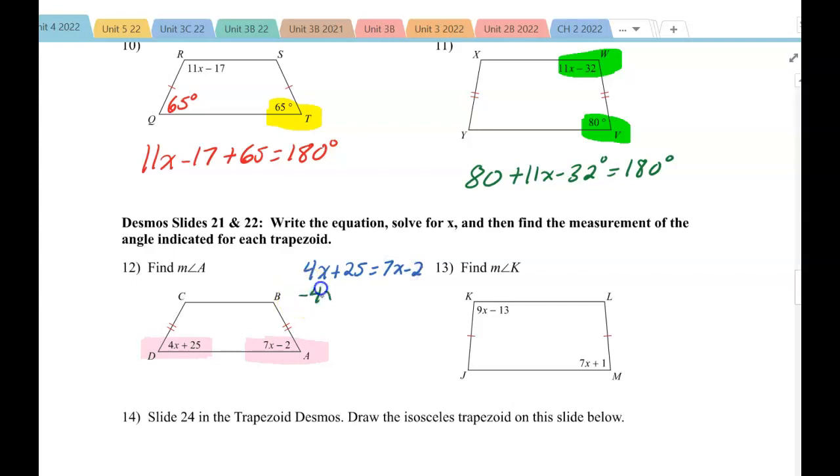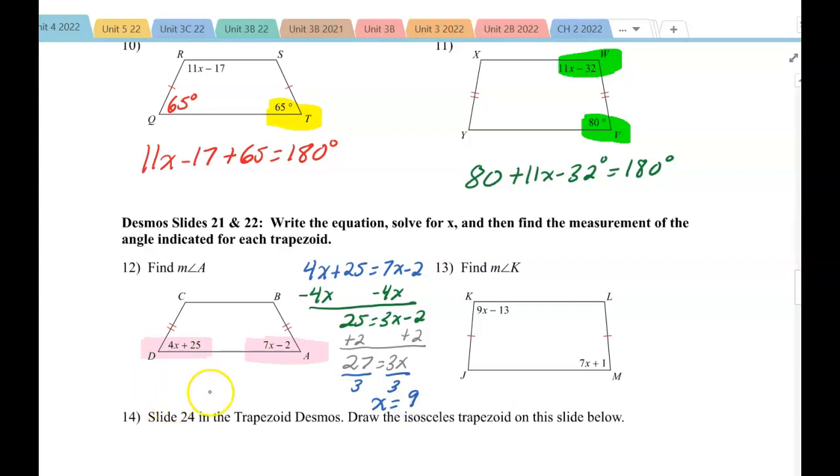Now I'm going to subtract 4x from both sides. We'll get 25 is equal to 3x minus 2. I'll add 2 to both sides. So 27 is equal to 3x. I'll divide both sides by 3, and we get x to be equal to 9.